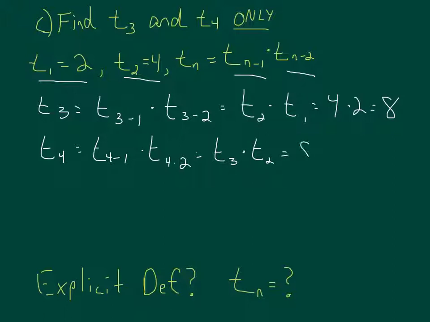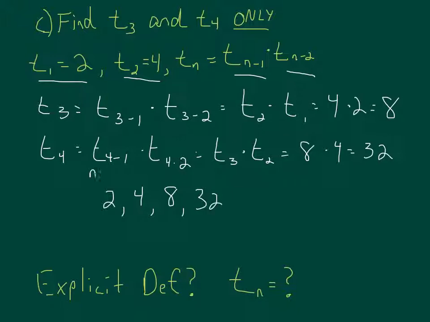T sub 3 we just found to be 8, and T sub 2 is 4. 8 times 4 is 32. Sweet. So we've satisfied the directions. We have found T sub 3 and T sub 4. Your terms: 2, 4, 8, 32.